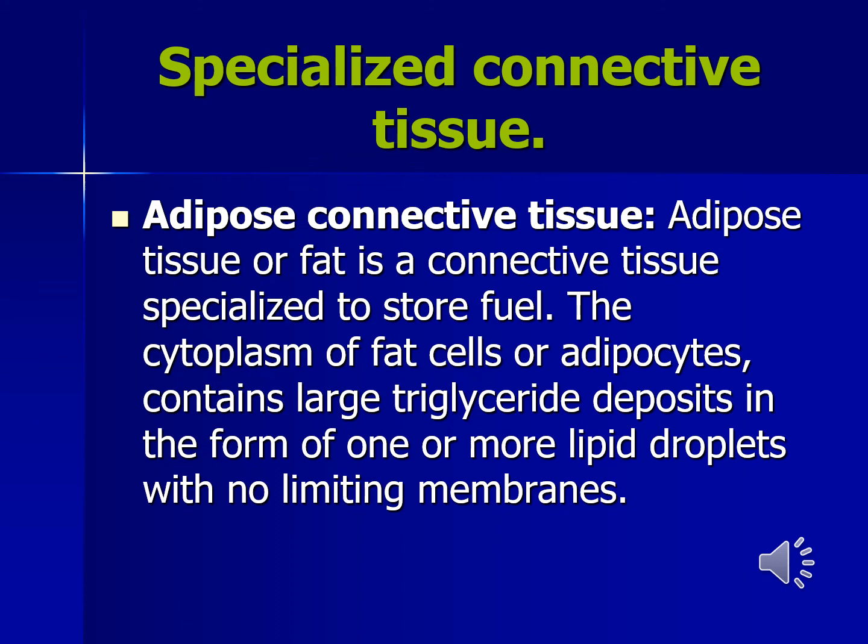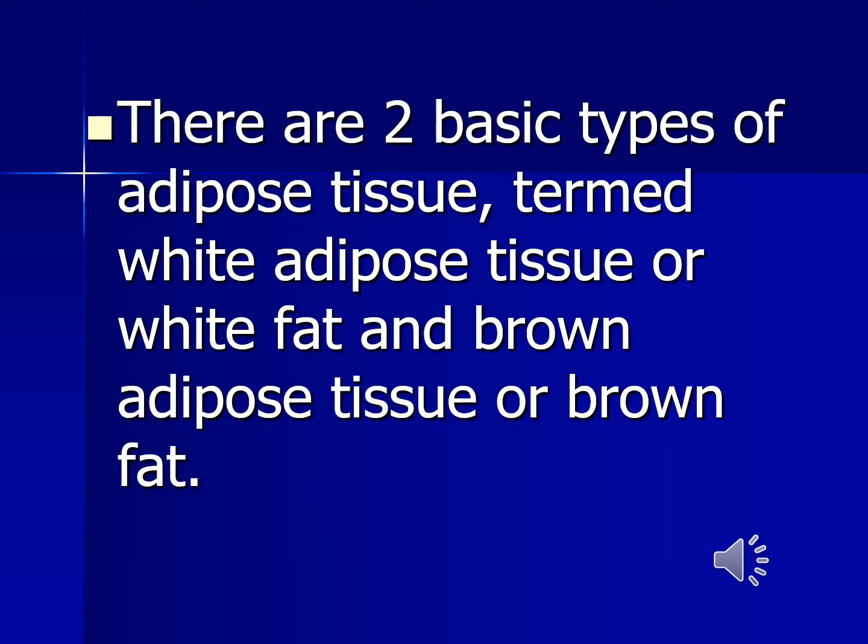Adipose connective tissue surrounds blood vessels too and is always richly vascularized. There are two basic types of adipose tissue in the human organism, white adipose tissue and brown adipose tissue.